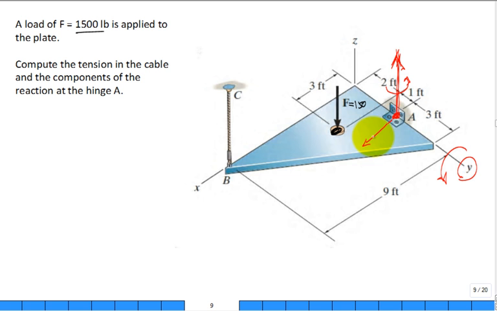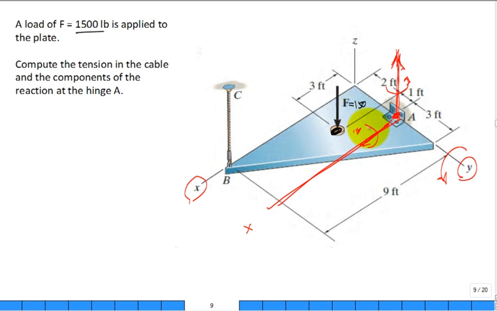Likewise, if I said, let's take this plate and try to rotate it around the axis that's parallel to the x, goes through point A, guess what? It's going to generate a possible non-zero moment for that reaction. So that's what that hinge does.